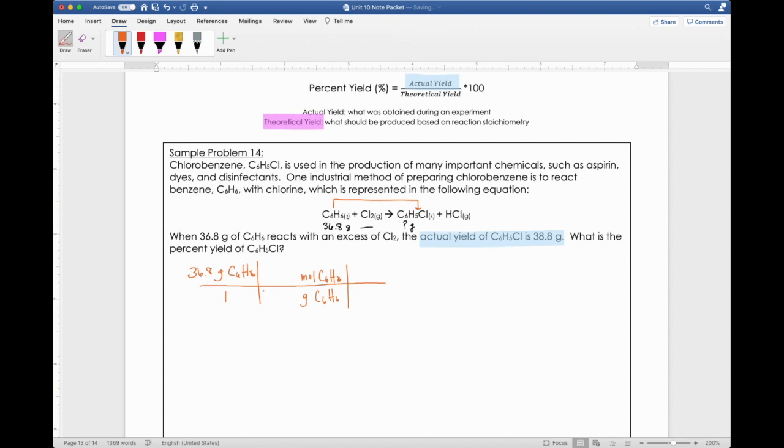And the molar mass of benzene is 78.11 grams per 1 mole. That cancels out. Now let's use our mole ratio to go from moles of benzene to moles of chlorobenzene. 1-to-1 mole ratio. 1 mole of benzene produces 1 mole of chlorobenzene.